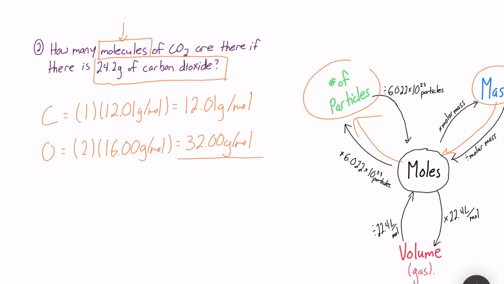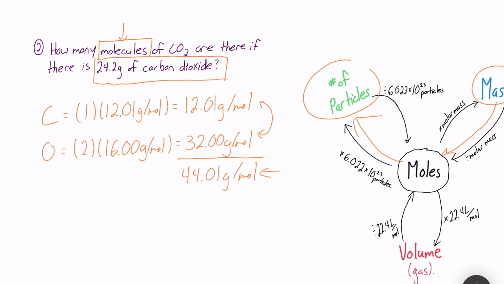So remember, because we're finding the entire molar mass of carbon dioxide, we must add these 2 up. So if we do add them up, you should get an answer of 44.01 grams per mole. That right here is going to be our molar mass of CO2.